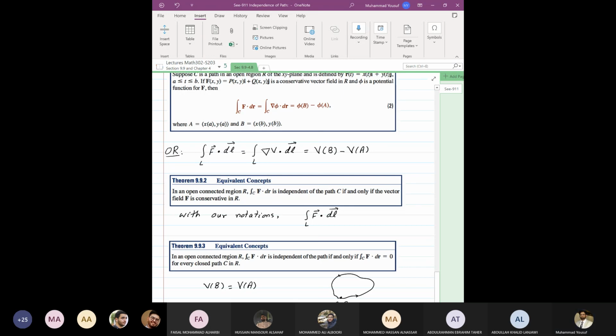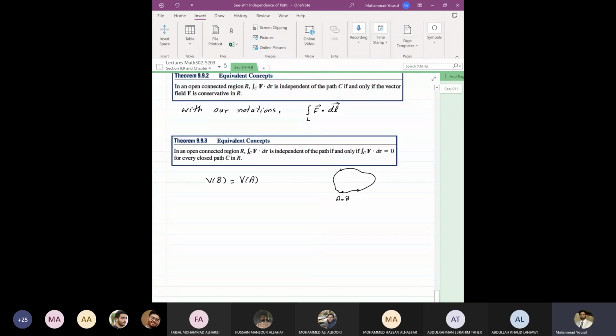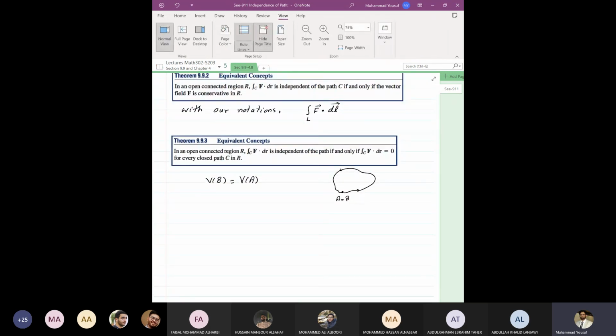So these are equivalent concepts. Now, here it also comes that how to find V. This is a question. How to find V? If F is conservative, fine, it is conservative.